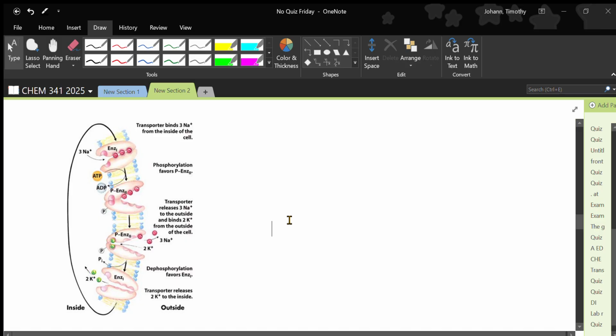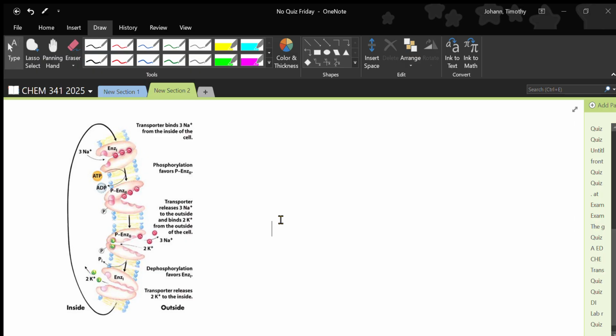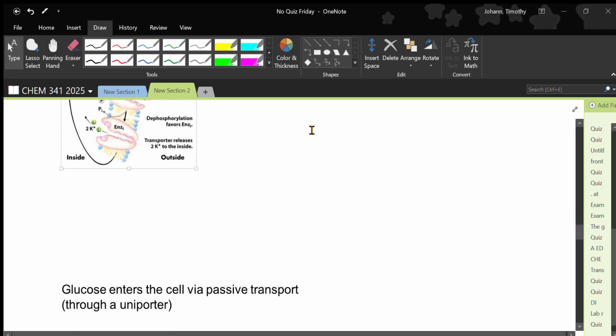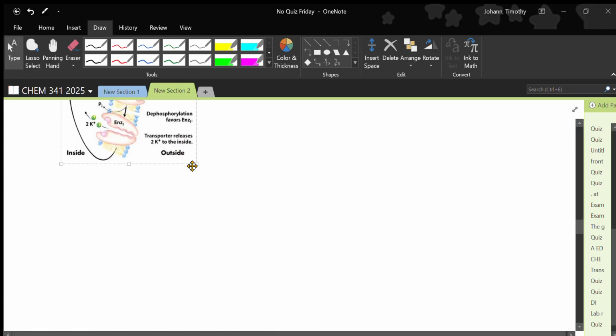So what would this be an example of for transport when we think about energy? Oh, I'm sorry. Did I say sodium twice? Potassium is coming in. So cells generally have a high concentration of potassium inside and low outside, and a high concentration of sodium outside and low inside. That's certainly the case for your neurons, and they use that energy to transport electrical signals, to transport an action potential.